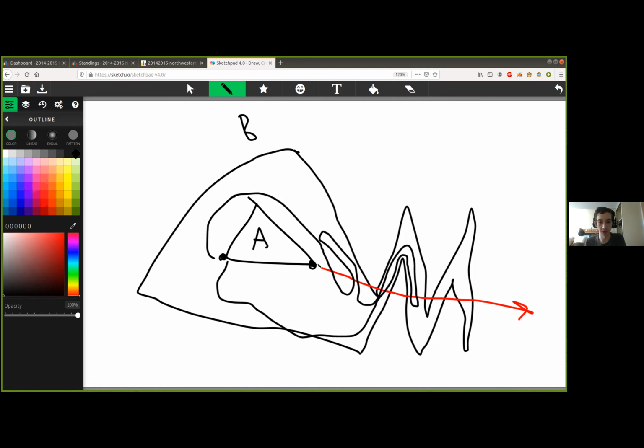I guess this isn't really an example of that, but if A and B both twist and turn, basically for any path, we'll consider whether it crossed in one direction more than it crossed in the other direction.